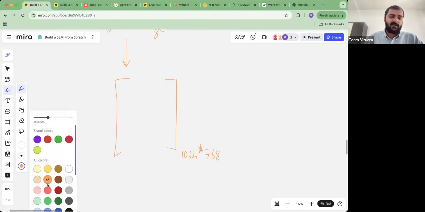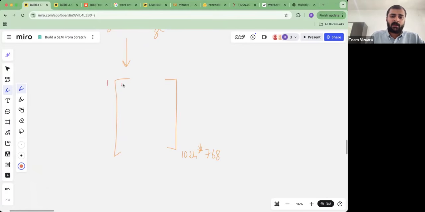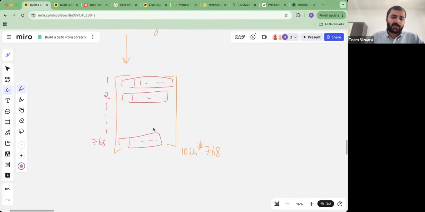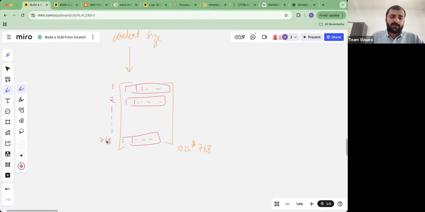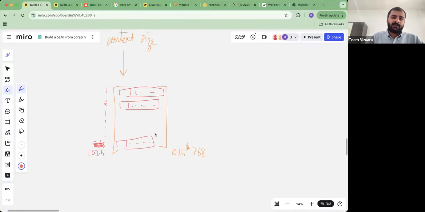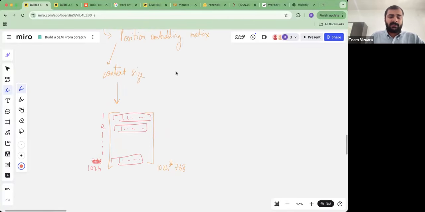This means that for every position, for position number 1, there will be a 768 dimensional vector. For position number 2, there will be a 768 dimensional vector. Similarly, for position number 1024, there will be a 768 dimensional vector. So this is the position embedding matrix, right?